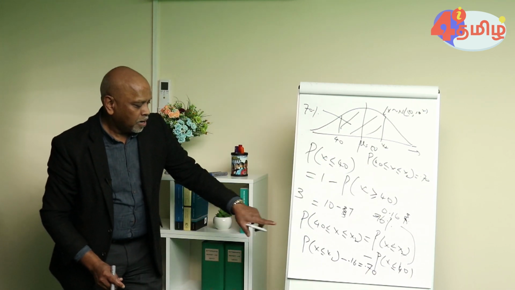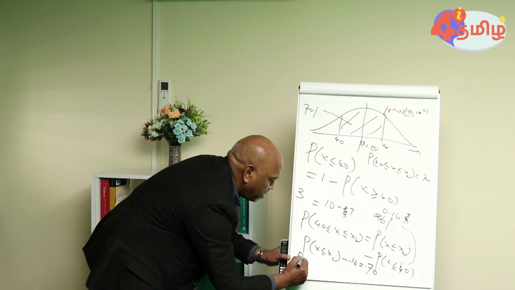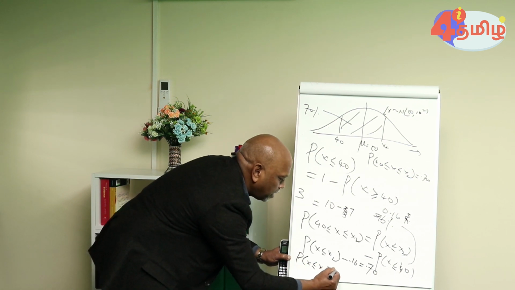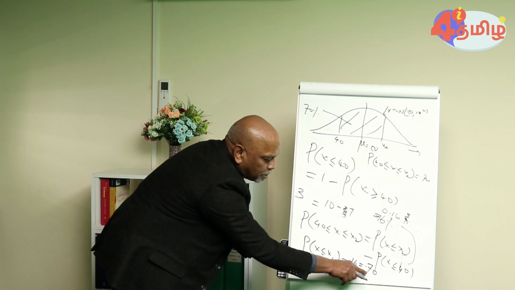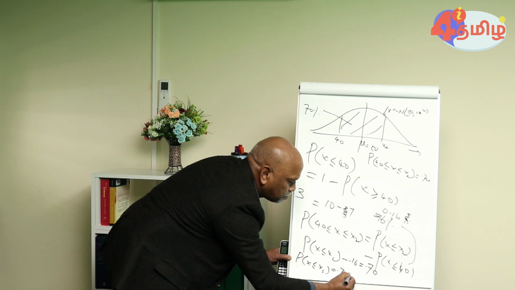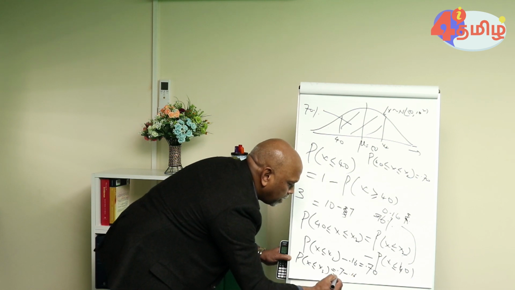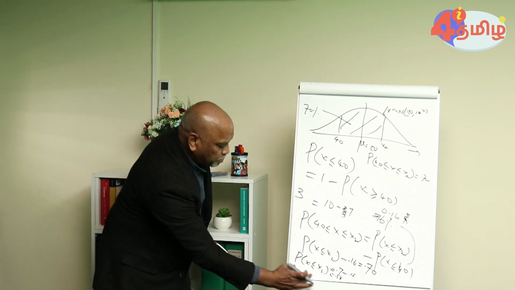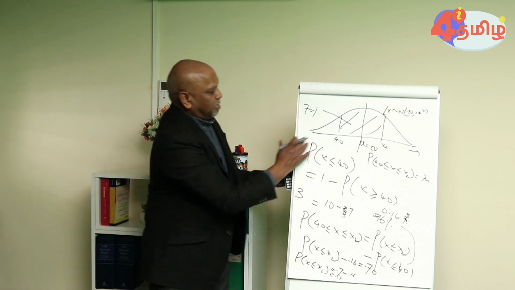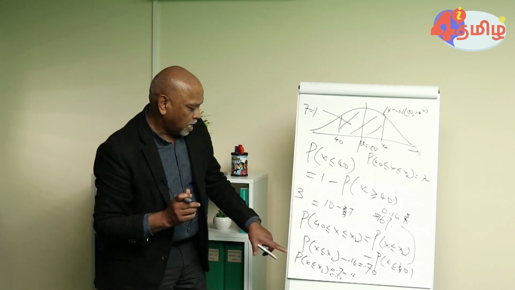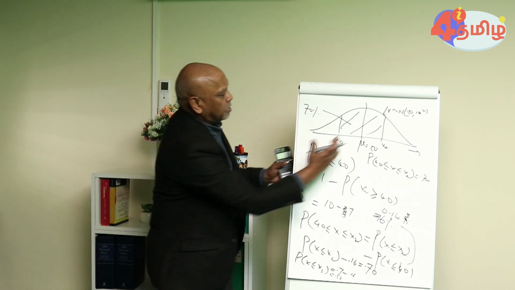So now I have P(x less than or equal to x2) equals 0.7 minus 0.16. That is equal to 0.54, yeah? Or 54%. This bit is 54%.